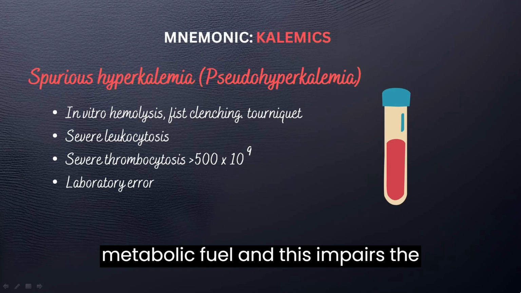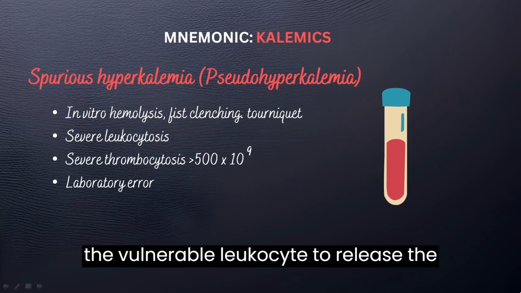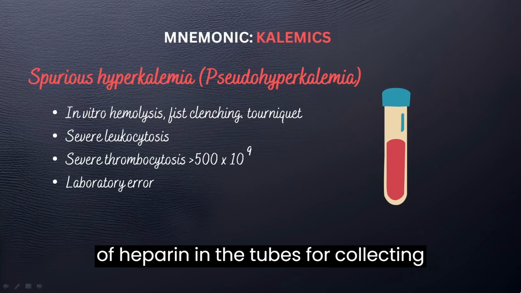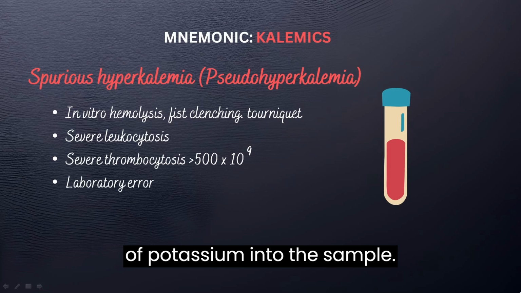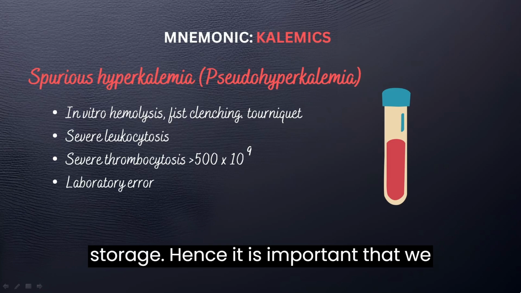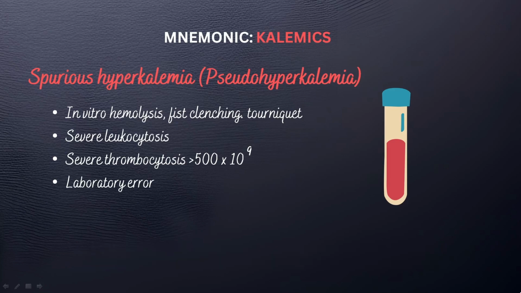It lacks metabolic fuel, and this impairs the sodium-potassium ATPase, causing the vulnerable leukocytes to release the potassium into the specimen. Lack of heparin in the tubes for collecting potassium samples may also cause release of potassium into the sample. Platelets may also degranulate on storage, hence it is important that we take the samples from the plasma pool.